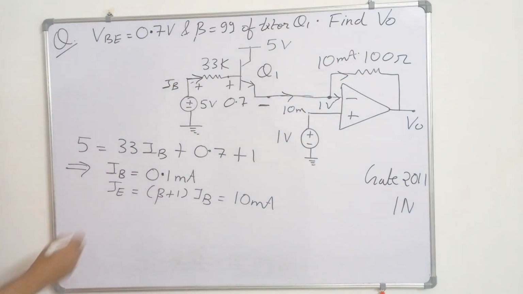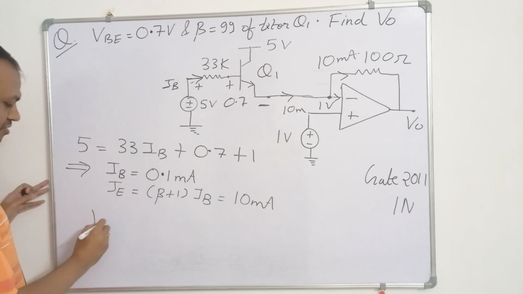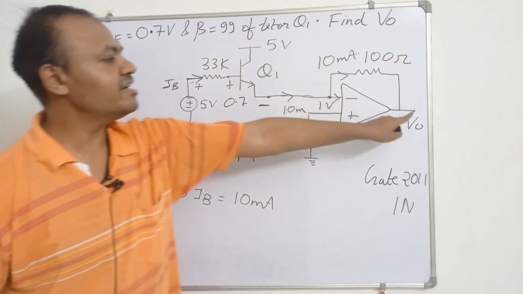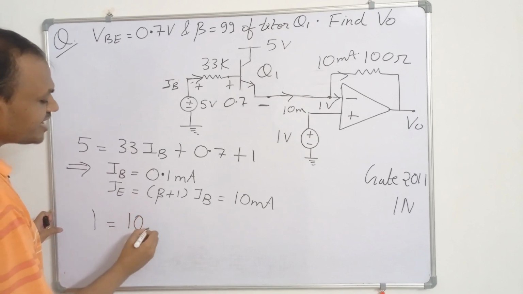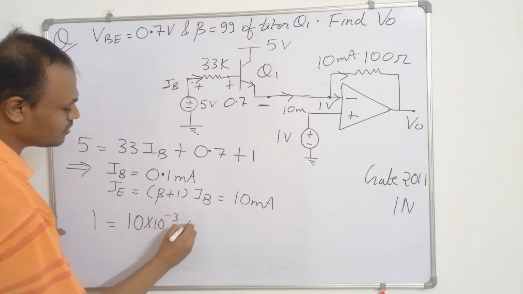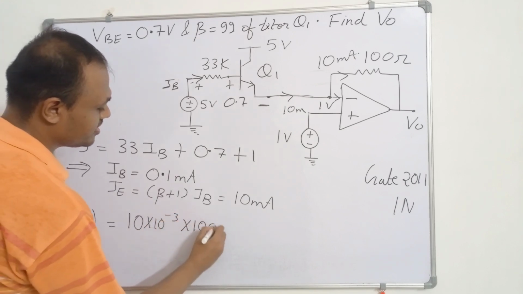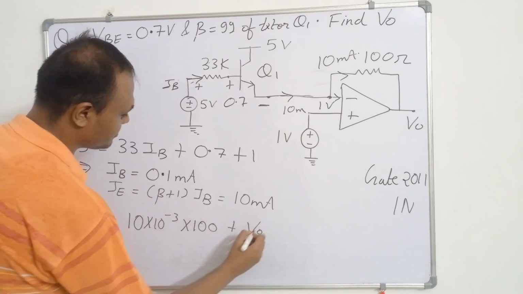So if we apply KVL again, from here to this V naught, we will get 1 equal to 10 milliampere, so 10 into 10 to the power minus 3 into 100 ohm, plus V naught.